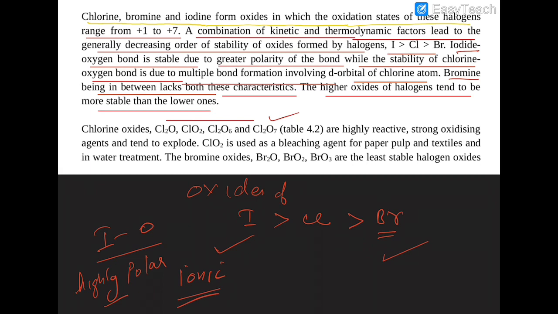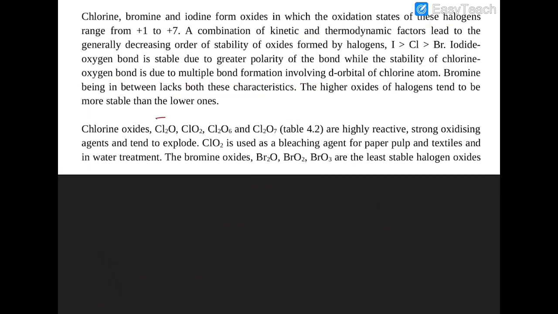Clearly understood? So here chlorine is in +1, here +4, here +6, that is +7. So what are you observing? We are observing that as the oxidation state increases, the stability of the oxide increases.